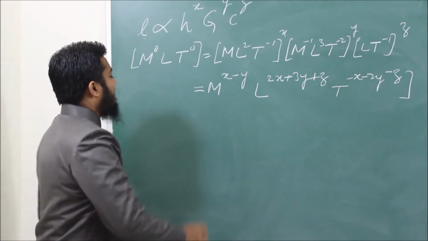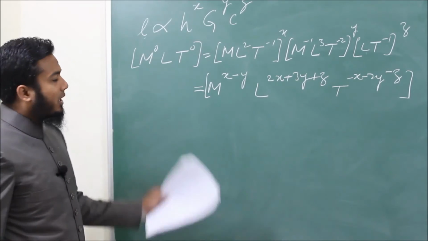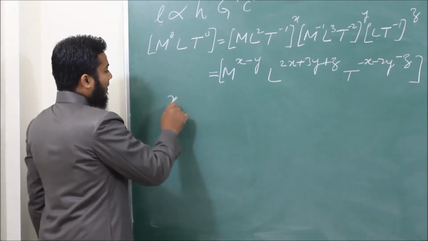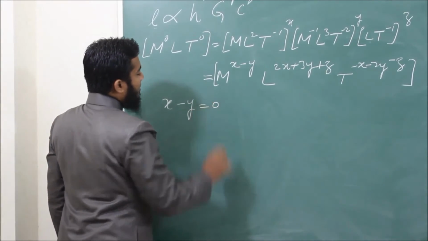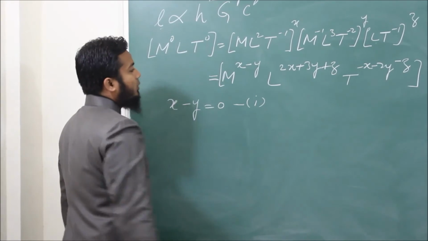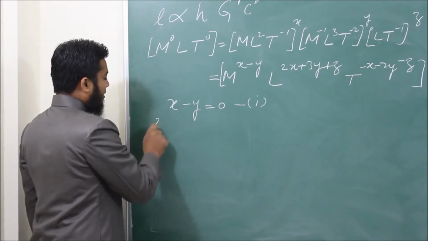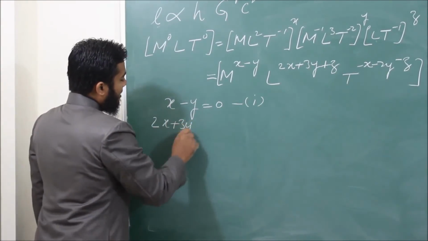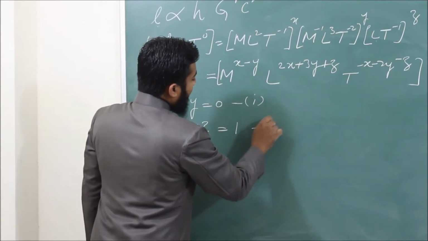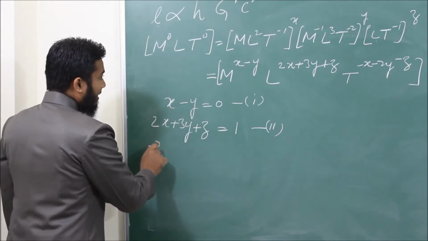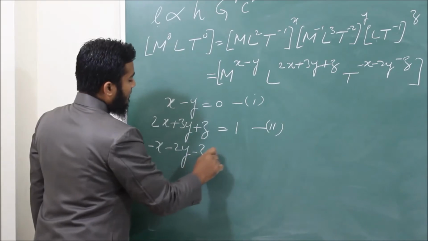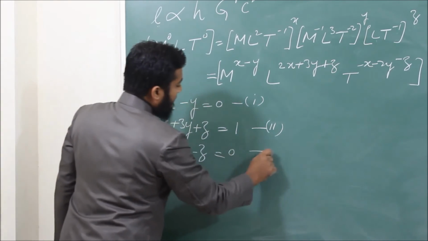Okay, now the dimensions on both sides should be same, so x minus y must be equal to 0. This is our first equation. Then 2x plus 3y plus z will be equal to 1, second equation. And then minus x minus 2y minus z will again be equal to 0, third equation.